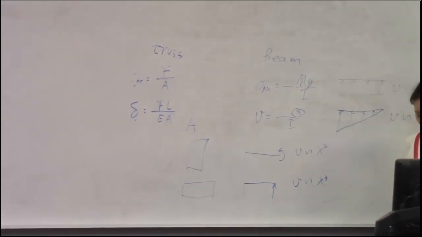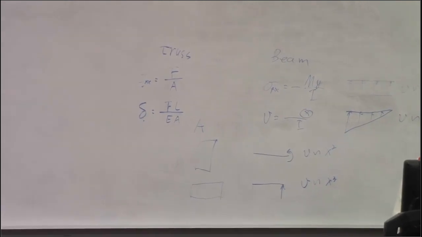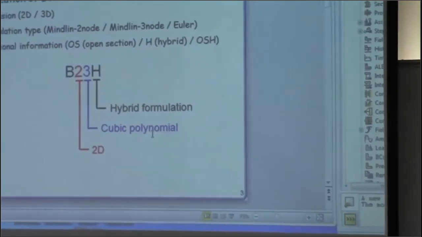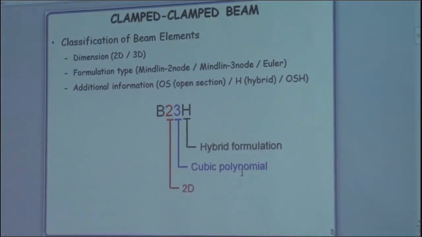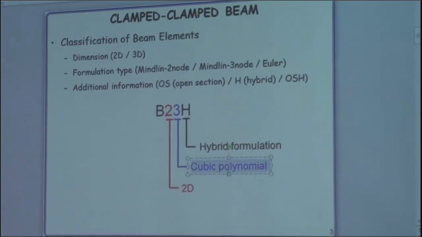Another problem is that later we will see that for the beam problem, we use a cubic polynomial for the interpolation. So we calculate everything at the integration point or the node, and in between we use a cubic polynomial for the interpolation.